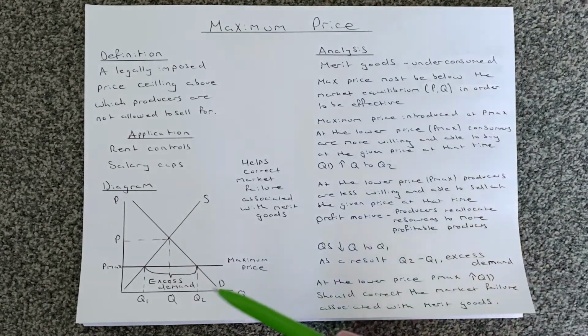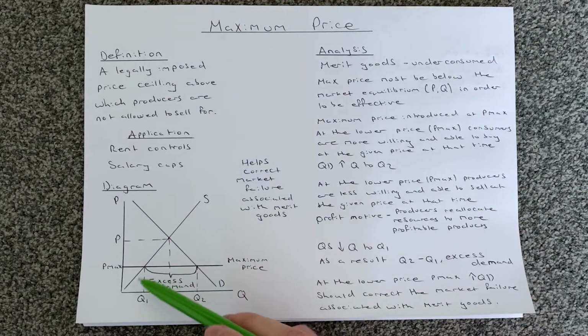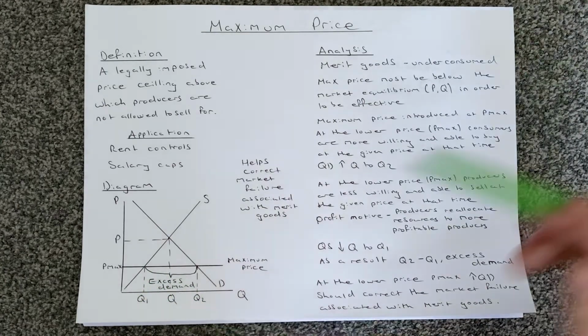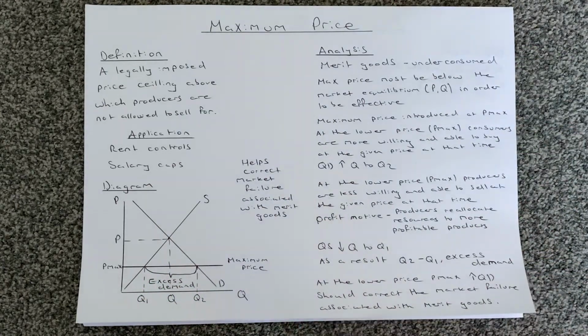There are issues that suppliers are less willing and able to sell at that given price of PMAX and are only going to sell a quantity of Q1, because the profit motive means that they're going to reallocate their resources to producing more profitable products. But there we go. We've fully explained, related to our diagram, how a maximum price works.